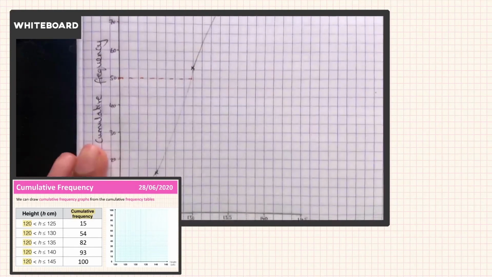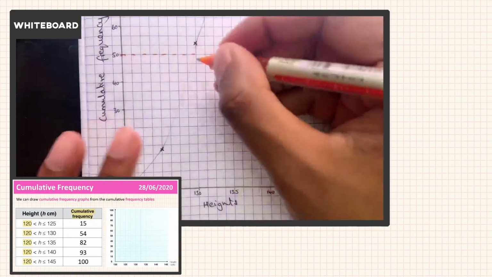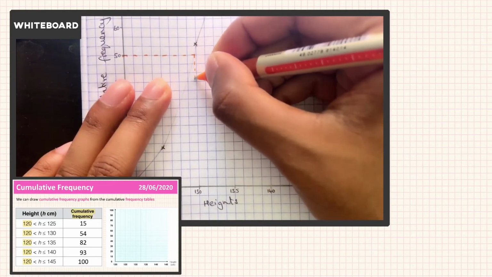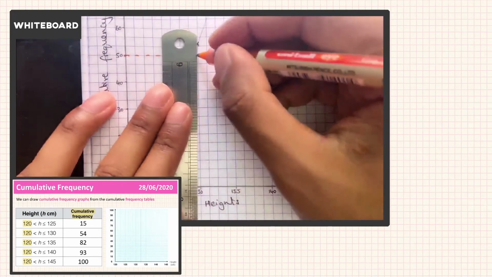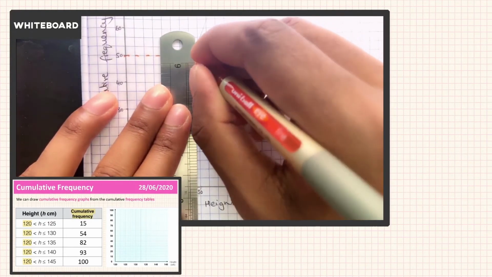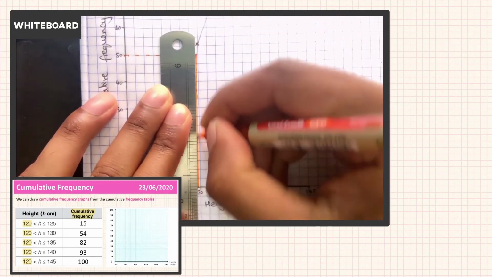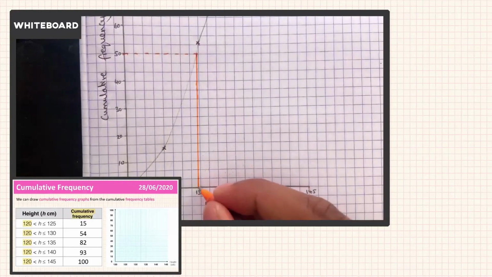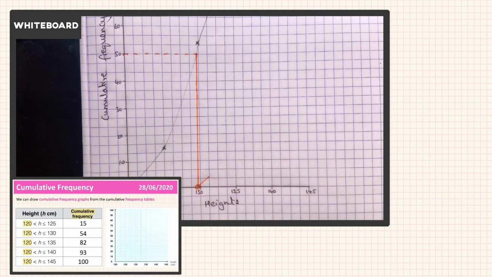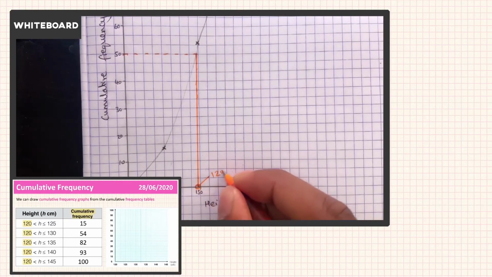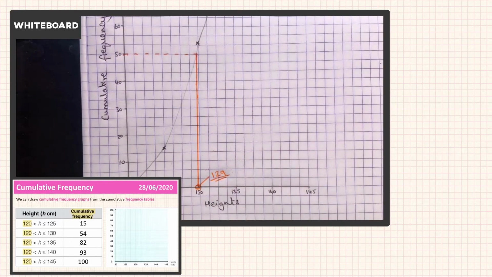Then I go straight down, as straight as I can. Obviously you use a ruler for this, so I get my ruler out and I go straight down, and that number there would roughly be my median. So I can say maybe my median is about 129.